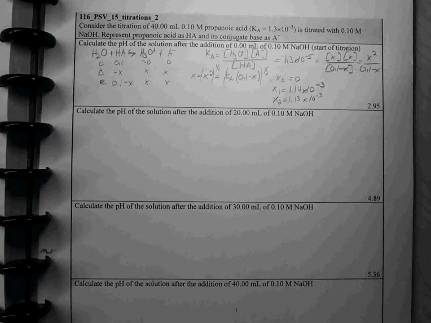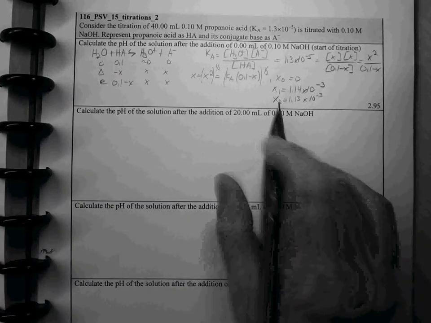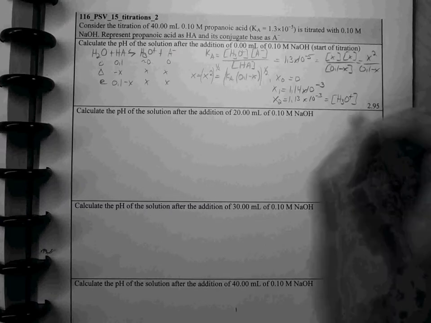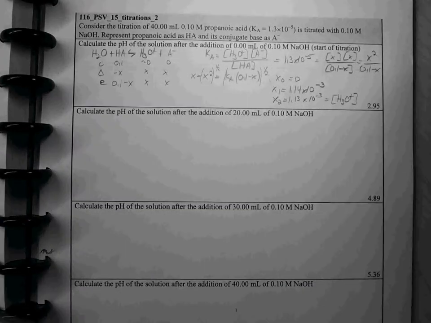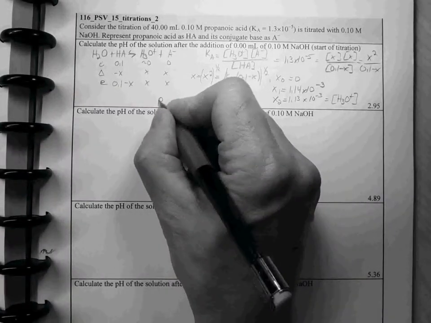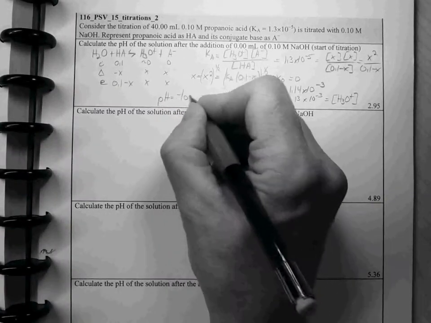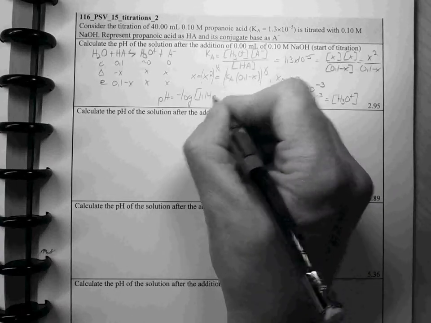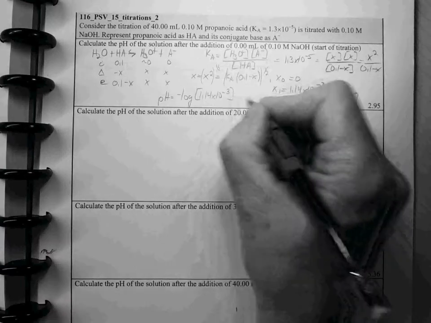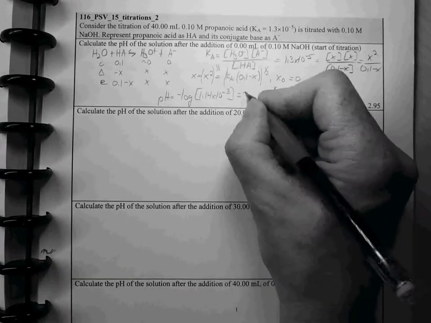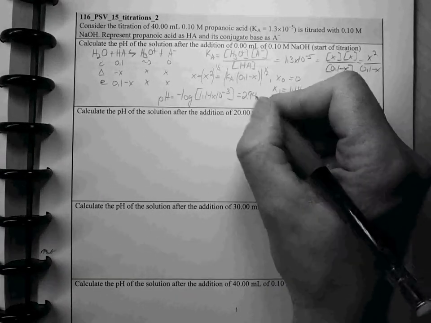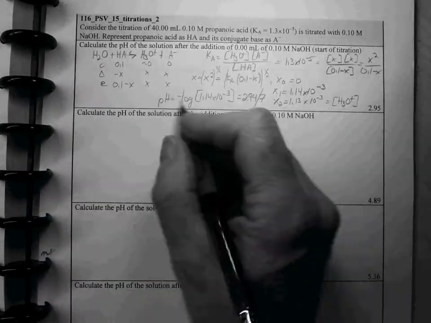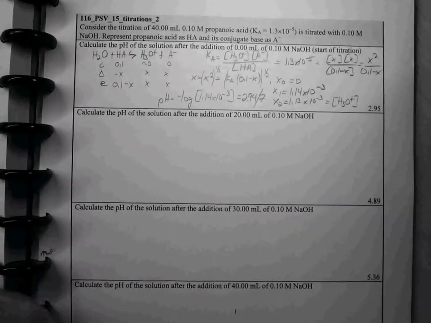So we're done. We know what x is, and since x is equal to the hydronium ion concentration according to our equilibrium table, we can calculate pH. And that's equal to 2.947. With 2 sig figs, our pH is 2.95.